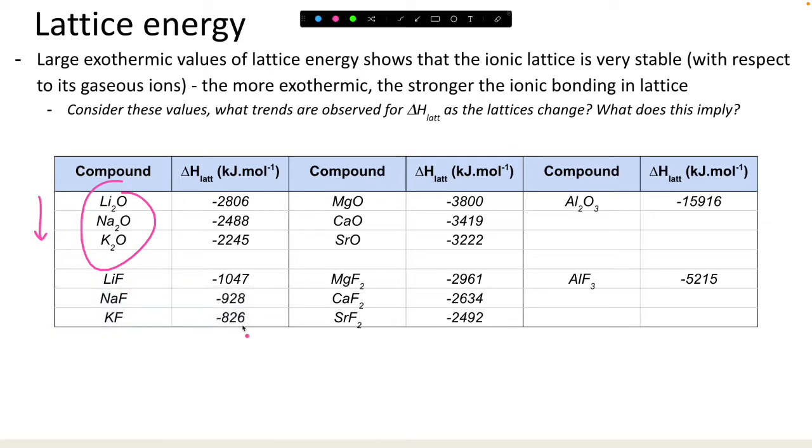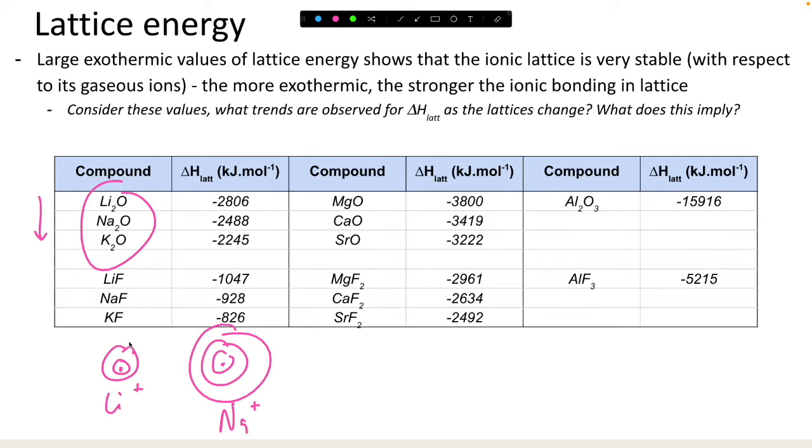If I draw some diagrams, maybe down here. So lithium on the second period, we got 2 quantum levels, whereas sodium on that third period, 1, 2, 3. So if these are all ions, if they're all having the same charge, what we're increasing is the radius.